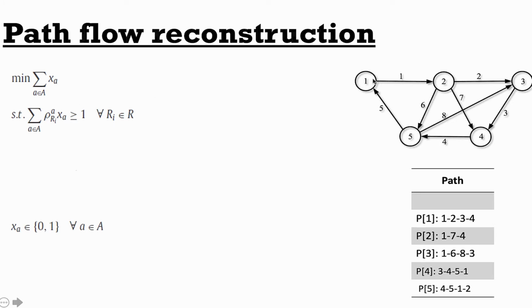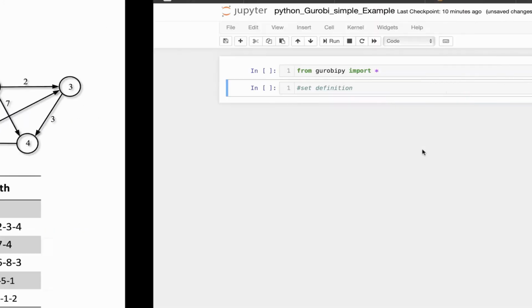And also we have some nodes here. So we have 3 sets: set of links, set of paths, and set of nodes. The set of links includes 8 members because we have 8 links. The set of paths includes 5 members because we have 5 paths. And the set of nodes includes 5 nodes because we have 5 nodes.